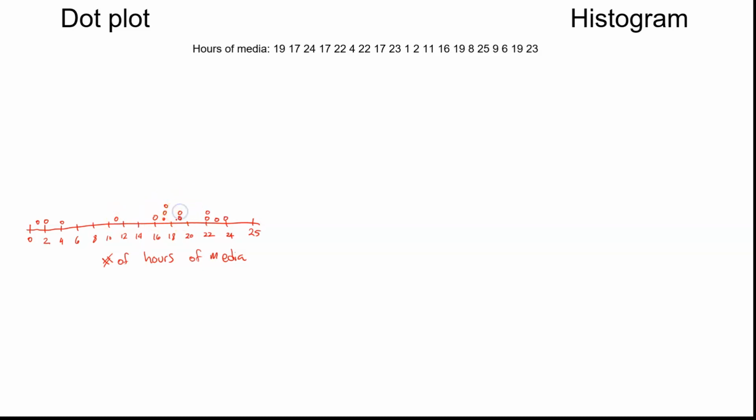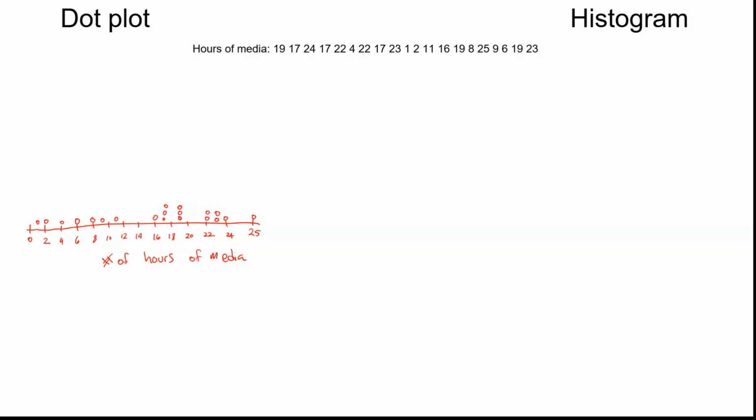Here, oh, we already had one. And 8, 25, 9, 6, 19 again, 12, and 23. So our dot plot sort of looks like this with the data that I've presented.